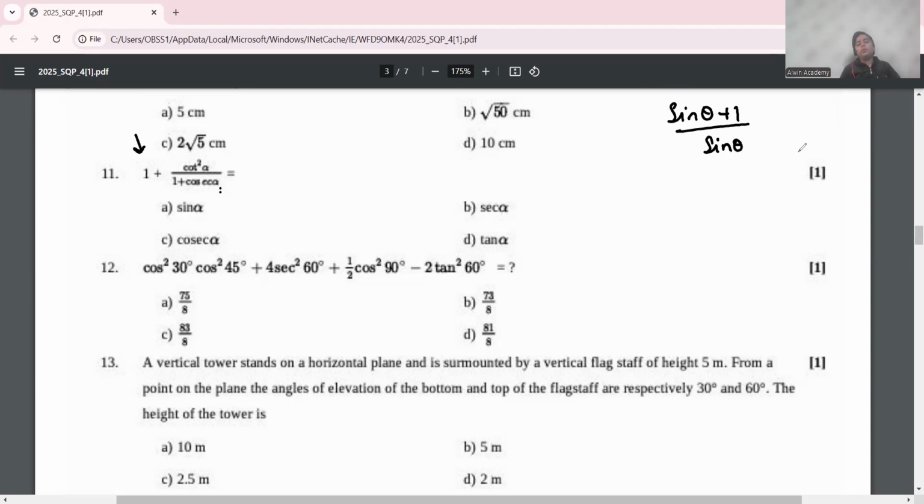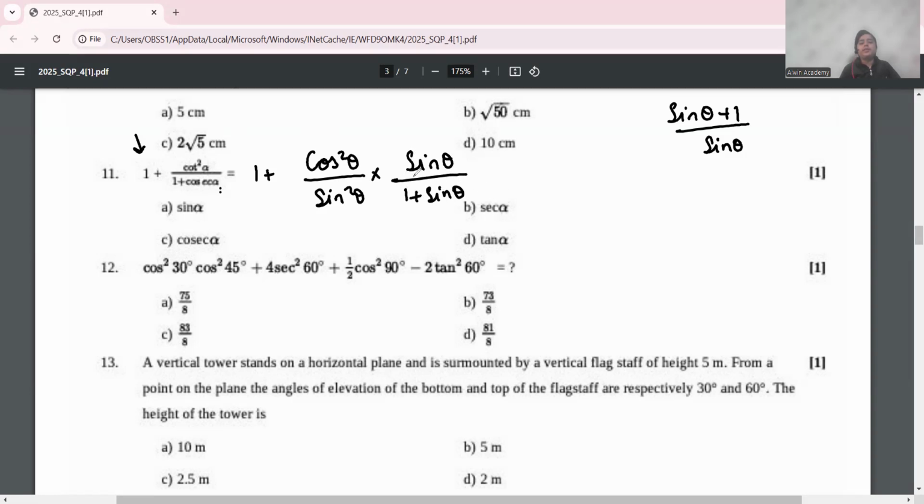Now, since this is the denominator, it will get reciprocated. As I write the complete expression again, I am rewriting cot square theta as cos square theta upon sine square theta times sine theta upon 1 plus sine theta.